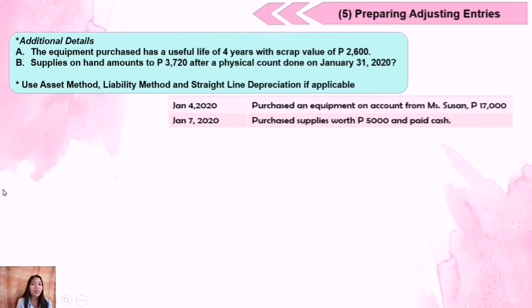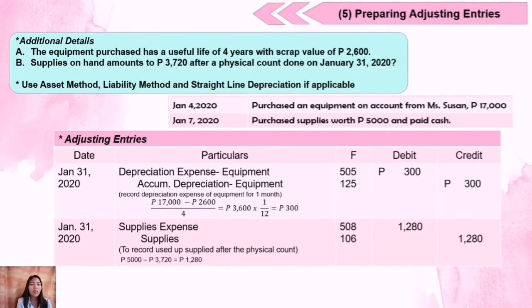Of course, letter A involves depreciation because it is a fixed asset. So the adjusting entry in letter A is depreciation expense equipment, then accumulated depreciation equipment. For the computation, we have 17,000 the cost minus 26 scrap value divided by 4, we have 36. This is the annual depreciation.